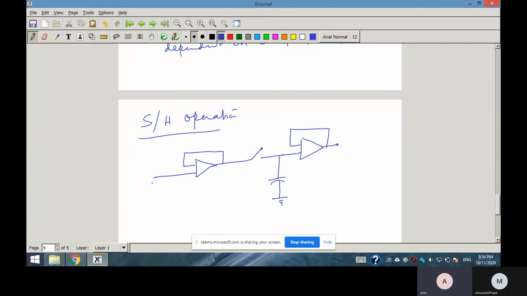Suppose your... so these are the input buffer, this capacitor, and this is your output buffer.